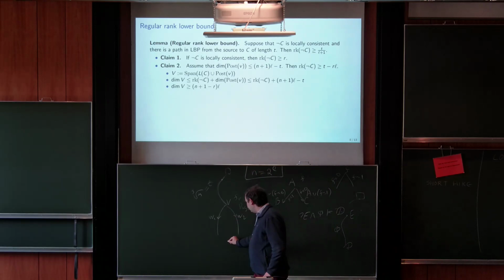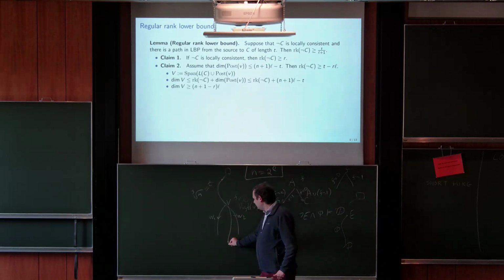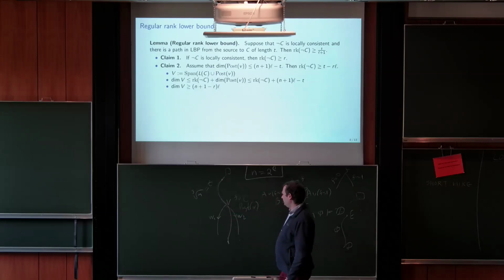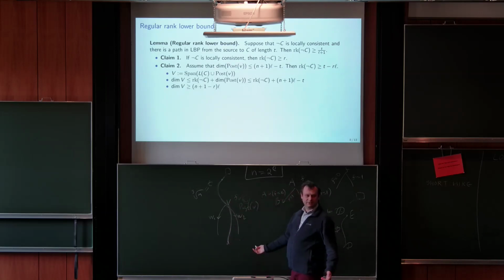Okay, for every element of A, there is a path to vertex V, and we know that this clause should be implied from the negation of C and the linear system on this path.